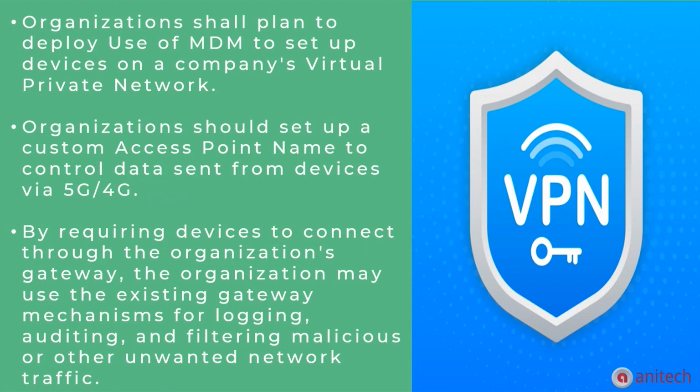Organizations should set up custom access points to control data traveling on 4G or 5G networks. By requiring devices to connect through the organization gateway, the organization may use the existing gateway mechanism for logs, auditing logs, and filtering malicious or other unwanted traffic coming in.